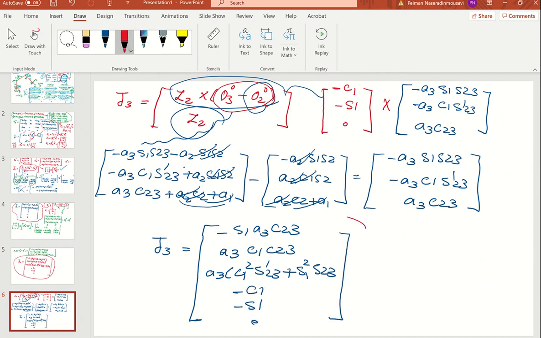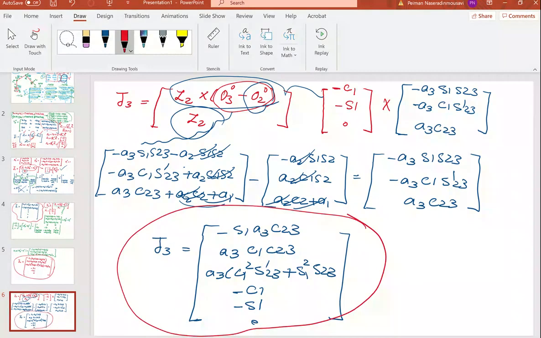Bingo, this is J3. That's right, hold on, I have to do this.